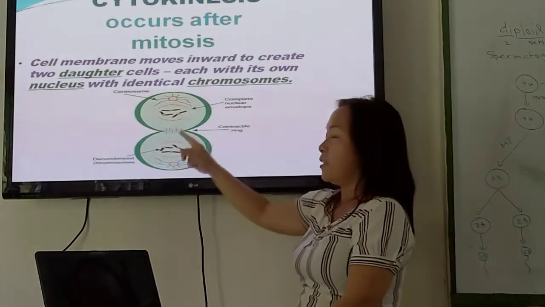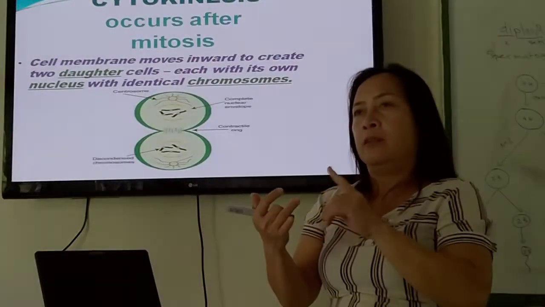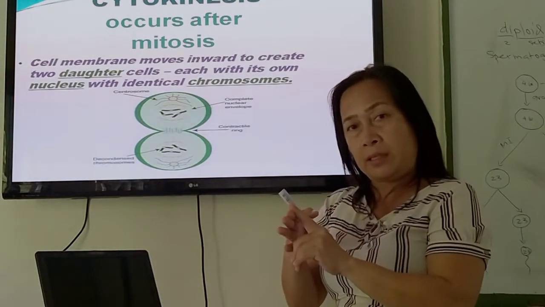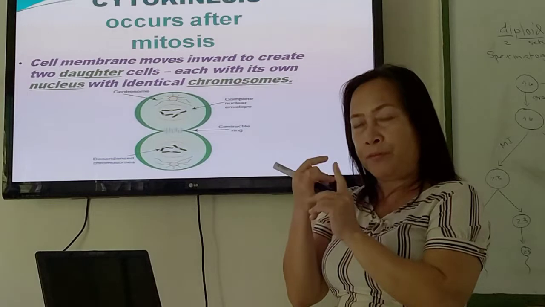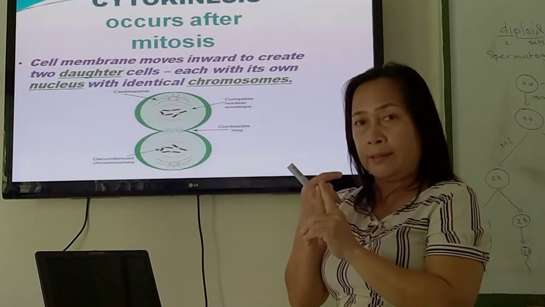Now, in mitosis, there is prophase, metaphase, anaphase, and telophase. To start with prophase, there are 46 chromosomes, double-stranded.